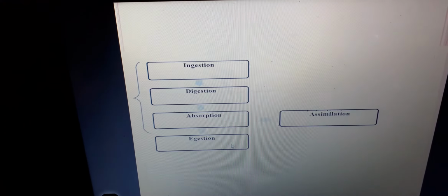So absorption takes place in the small intestine, but assimilation means the nutrients reach the different parts of the body with the help of blood. After this, the undigested food goes to the large intestine, and from there the egestion process occurs.